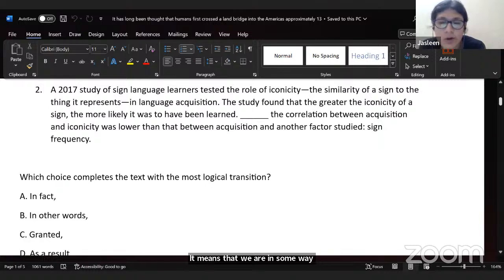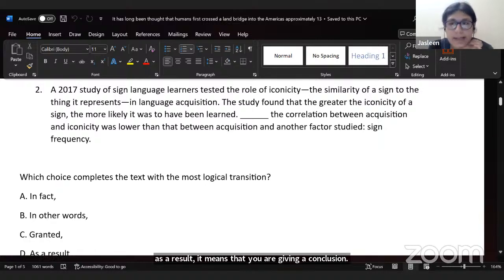So this is not a contradiction. "Granted" again isn't suited over here. The right answer would be "as a result". Now, if you see the options "in other words" and "as a result", what is the difference between the two? "In other words" simply means that you are elaborating on the same. But "as a result" means that you are giving a conclusion. Okay? So here the right option would be "as a result".